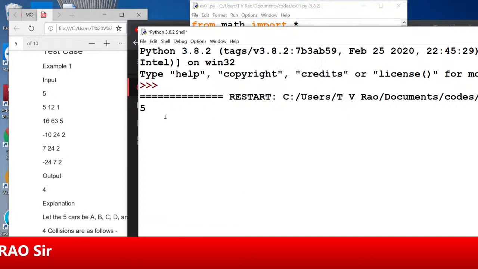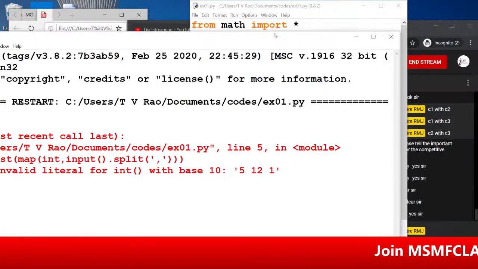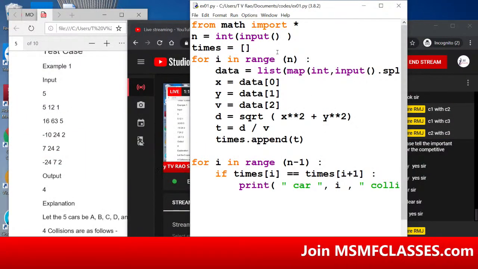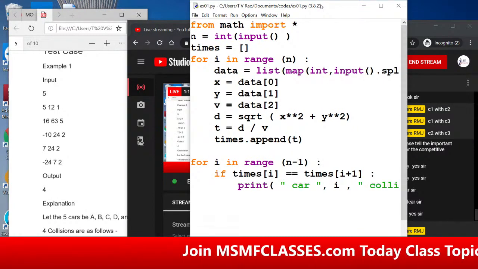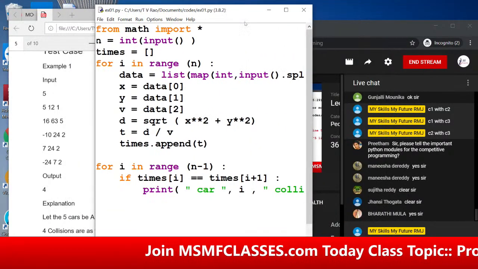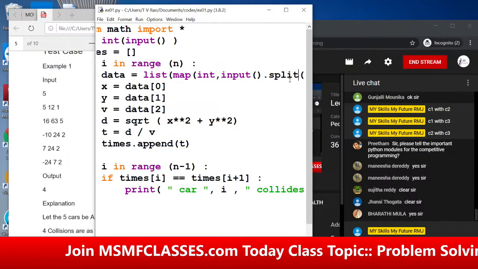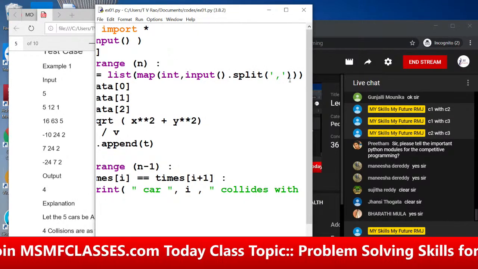Now let us input 5 cars. First one is 5, 12, 1. A small error here. Data equal to input, split by comma, map int.